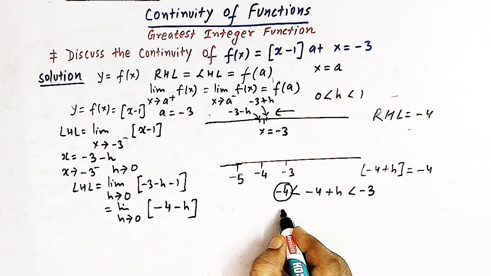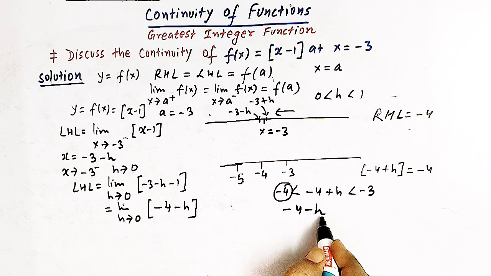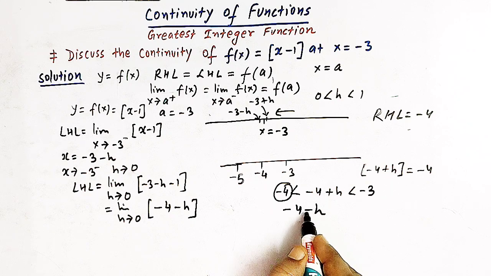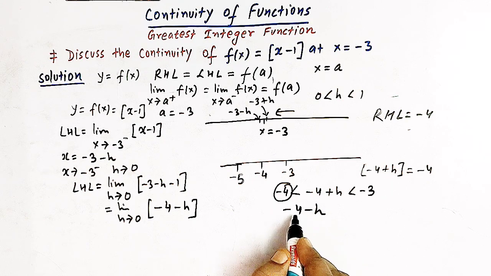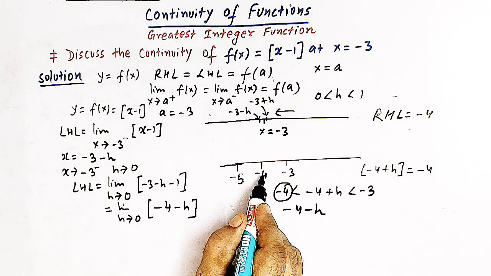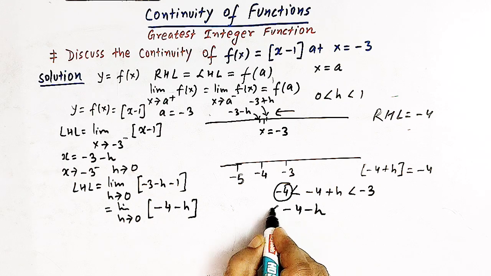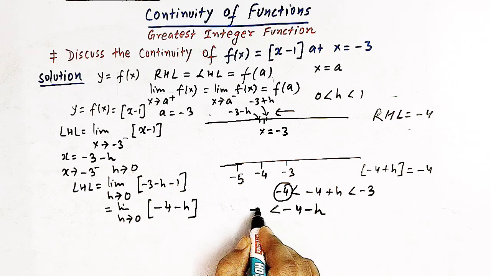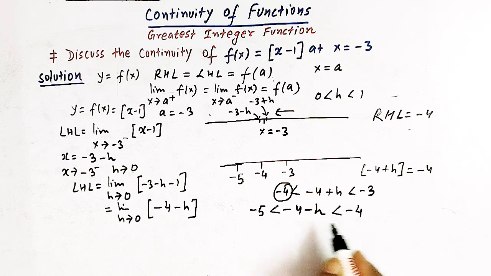Now see, we have minus 4 minus h, and h is a positive quantity and minus h is a negative quantity. So when we add minus h to minus 4, then this quantity lies between minus 5 and minus 4. So minus 4 minus h is greater than minus 5, but it is less than minus 4.